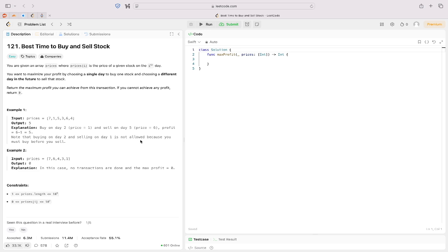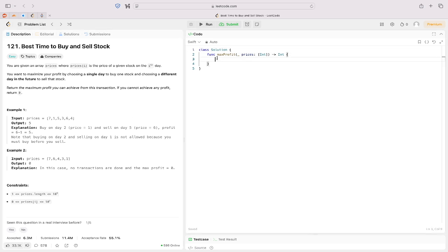So we need to buy and sell. So we're going to do an i and j, compare, and then we will be resetting our max profit if we come across a number that's greater than our current max profit.